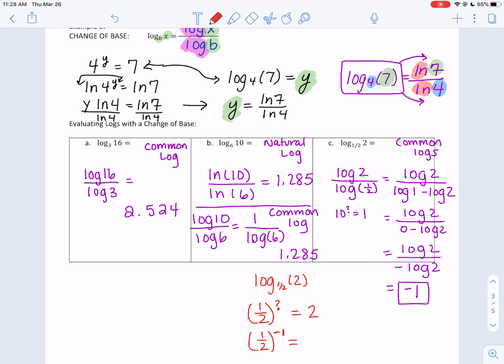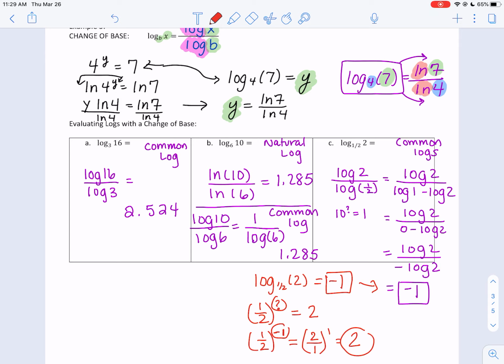We'll make this as 2 over 1 to the positive first, or just 2. So making that exponent into -1 would produce 2. So this expression is -1, and that makes sense. That's what we just proved again with that change of base equation.